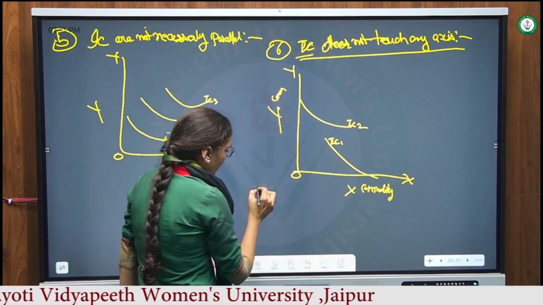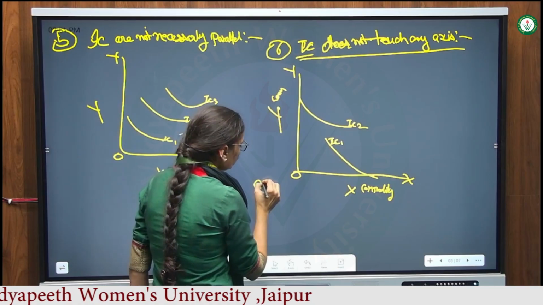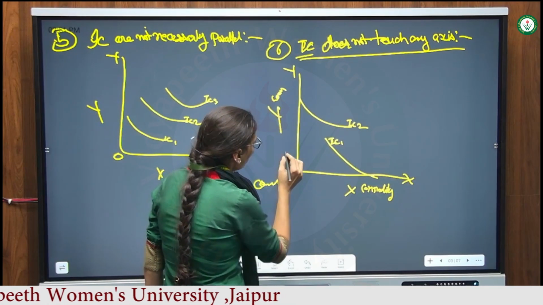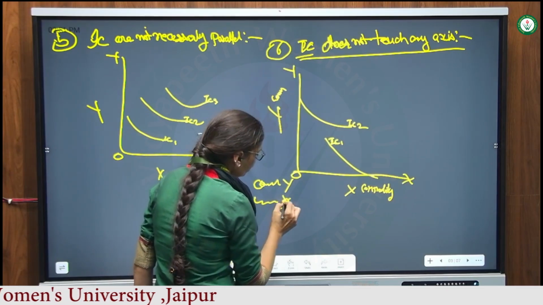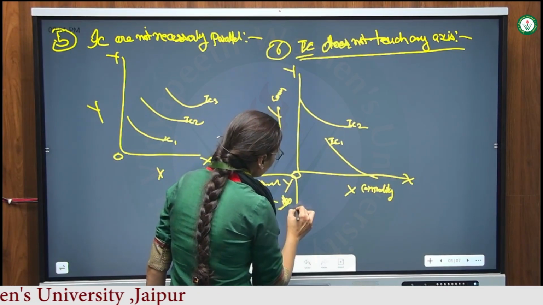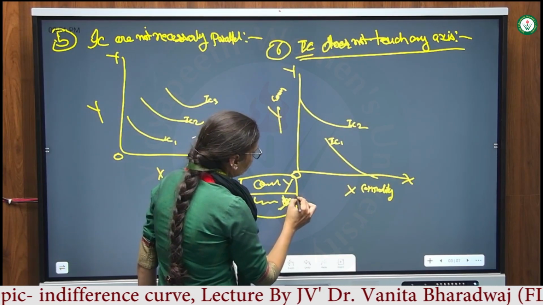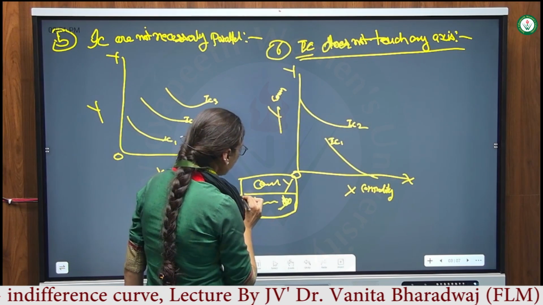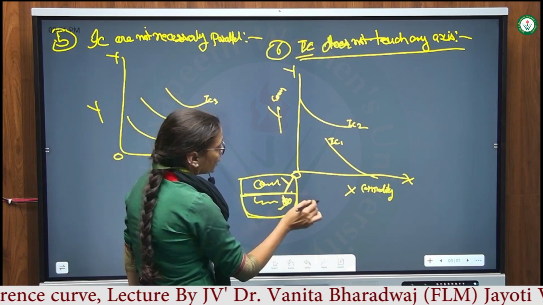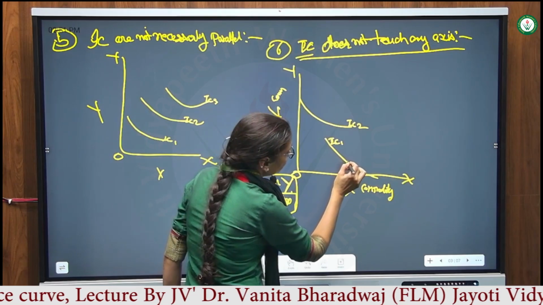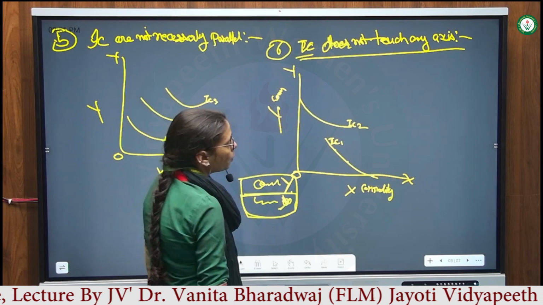This means this indifference curve contains some units of y and 0 units of x. This combination is not giving satisfaction because x has no contribution of units. That's why the consumer is consuming only y units, and it will not give the same level of satisfaction as these other points. This is not an appropriate indifference curve.